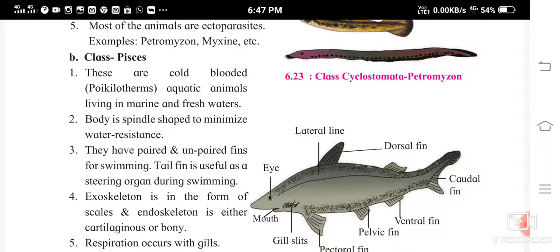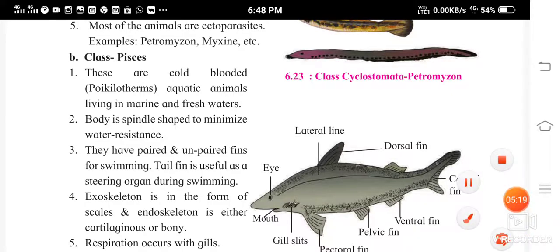Even if the temperature of our body increases a little, we say we are having a fever. That means our health is not good, we are not keeping well, right? But these animals from the class Pisces are cold-blooded animals.